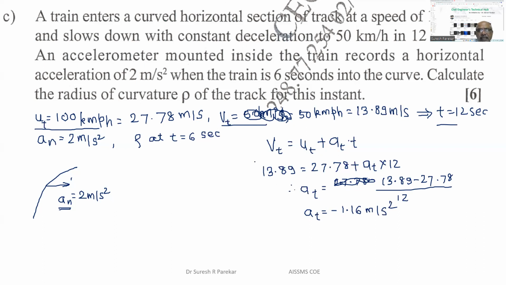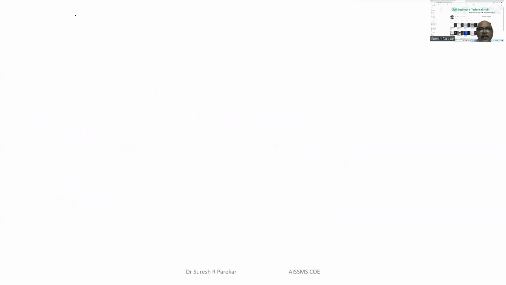Now we know a_t and we have to find v at t equal to 6. And we know the formula: a_n equals v square by rho. Here we require v_t at t equal to 6. Now we know a_t, we know the initial velocity, so we can find v. We have v_t equal to u_t plus a_t into t.